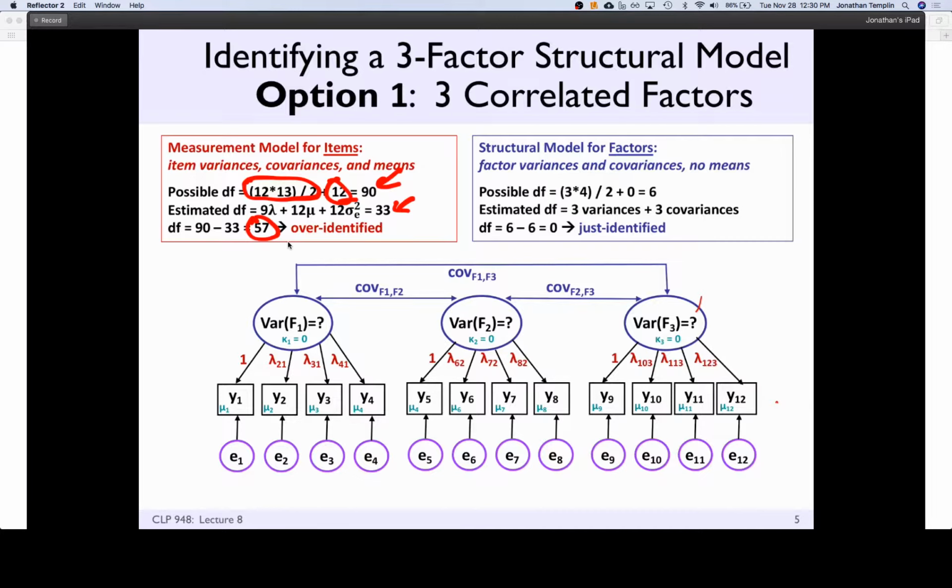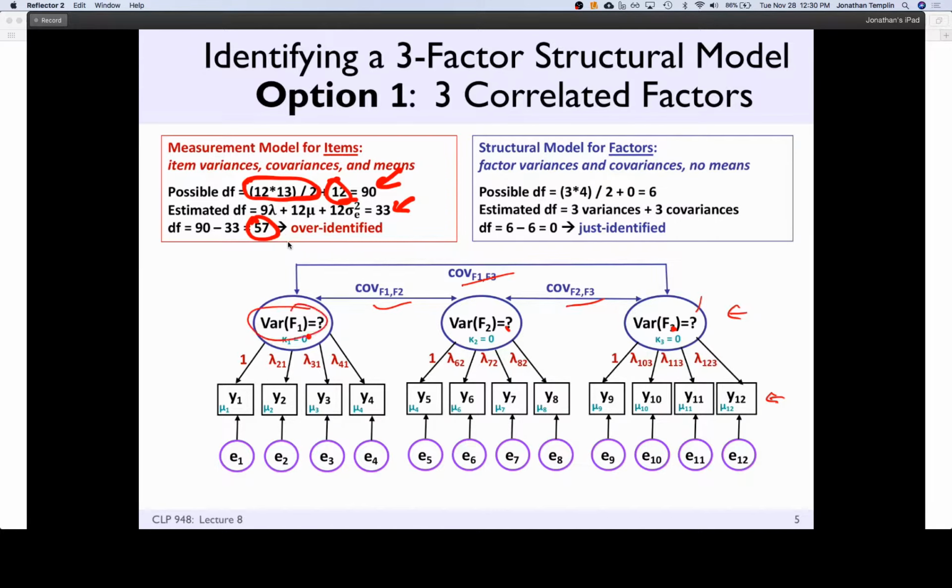Now think about that same approach, but instead of looking at the items, let's look at the factor level. We have 3 factors, which are now our items. So how many variances and covariances do we have? We're going to have 3 variances and 3 covariances: 1 and 2, 2 and 3, and 1 and 3.